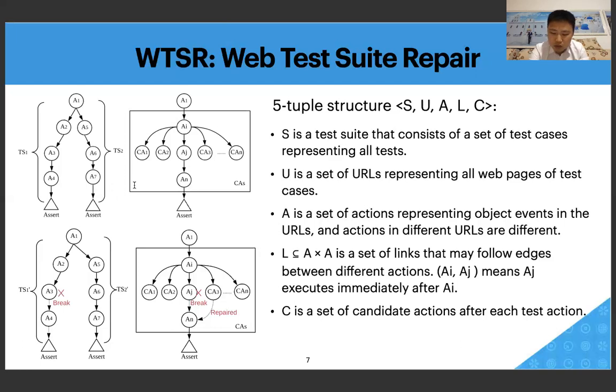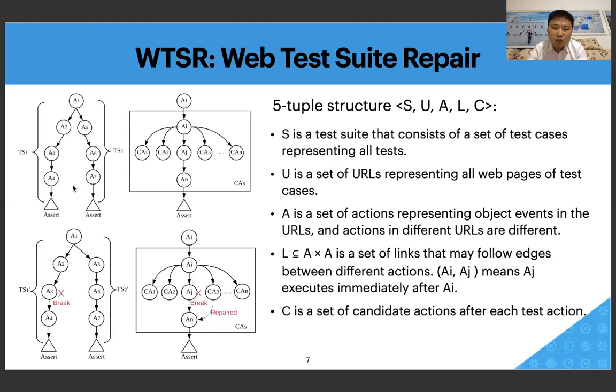During the execution of the test case, we record the candidate actions after each action. This test suite graph is only a simple example. In this figure, the test suite graph is more complicated in an actual web application that contains more test cases and more actions.